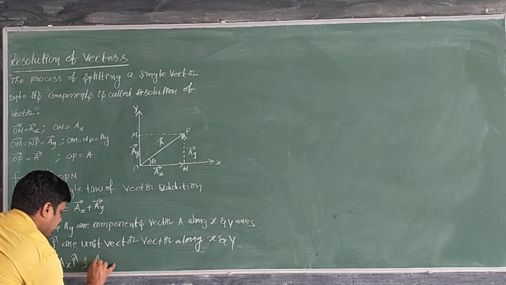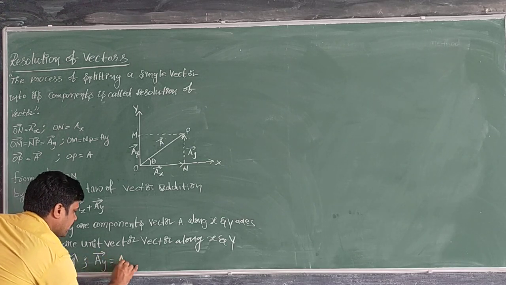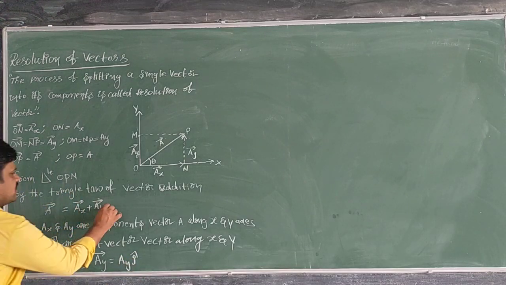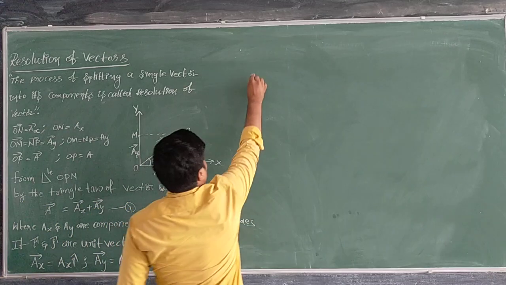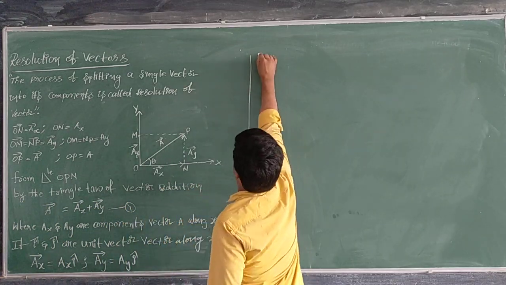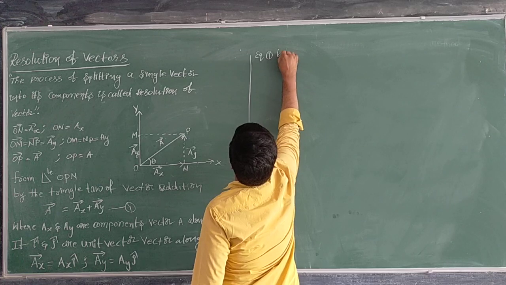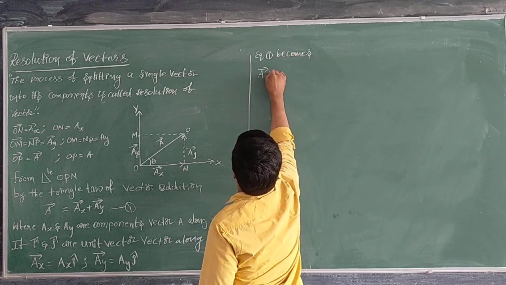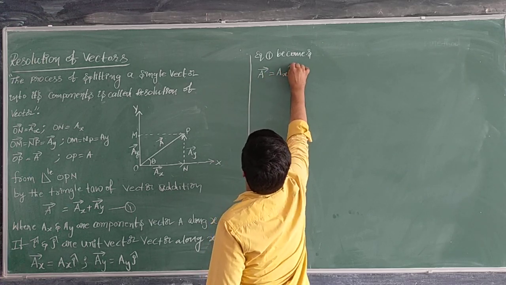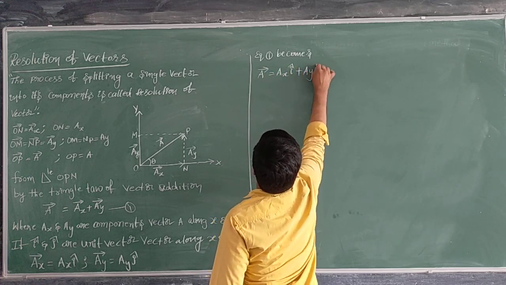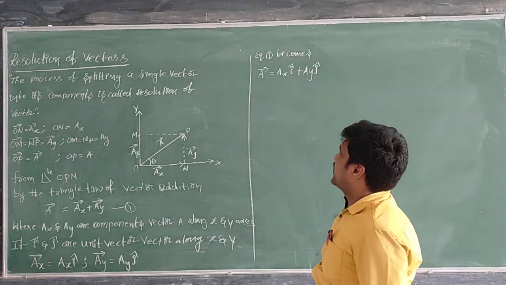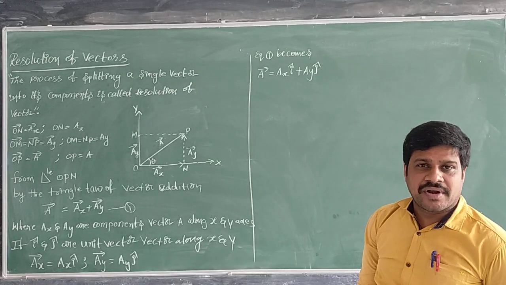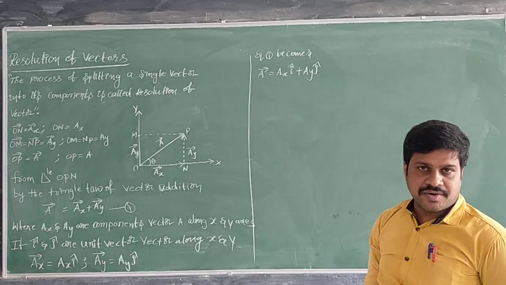Next, Ay bar is equal to Ay into j. Now this equation 1 becomes A bar is equal to Ax i cap plus Ay j cap. Here Ax and Ay are the rectangular components of vector A bar.